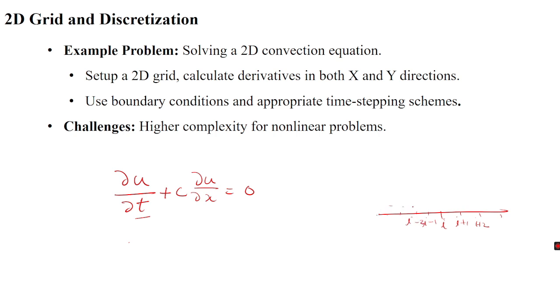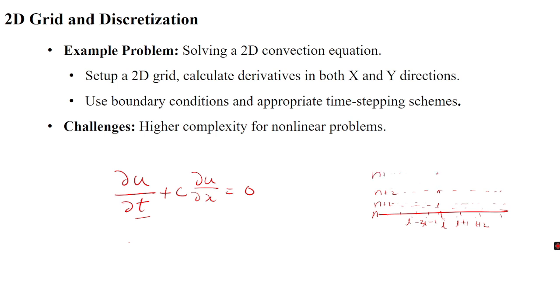And for time, suppose n is the time step. At this point, this is i. So what is the situation at position i after time n? Okay. So this is n time, indicating the time, n plus 1 time, n plus 2 time. So what is the situation at position i after some time, n plus 2 time, and so on?